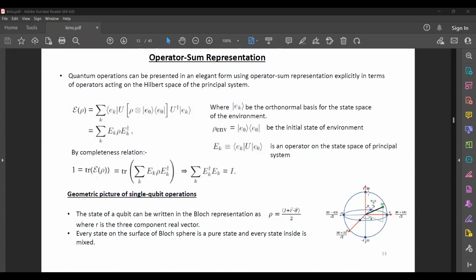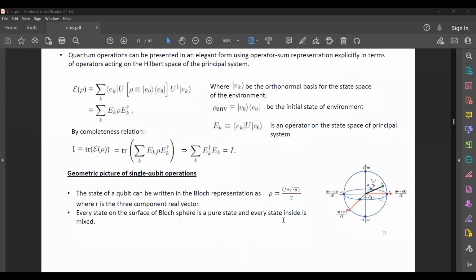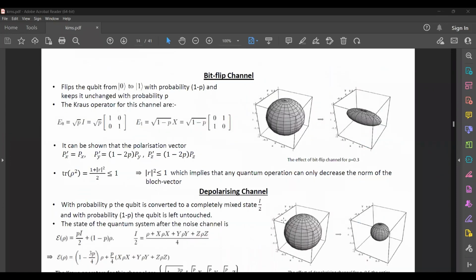It can be shown that every state on the surface is a pure state, whereas as we go towards the center of the Bloch sphere, the states become mixed. So the purity is less as we go from the surface to the inside. And when we apply some gates, the state of the qubit rotates in this Bloch sphere. This is important, as I will show in the next slide.